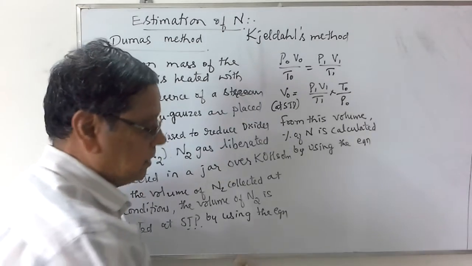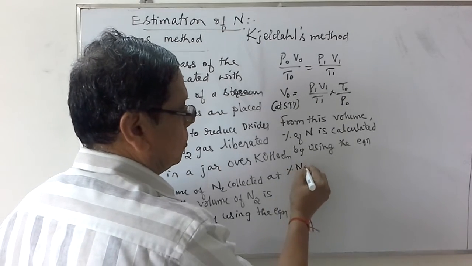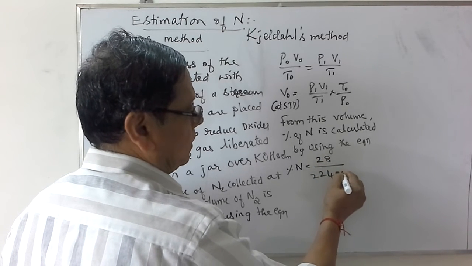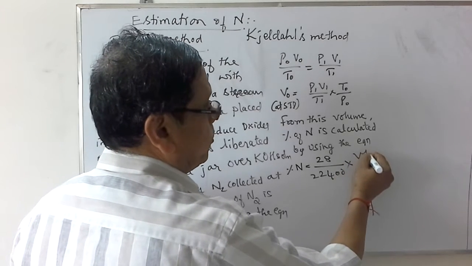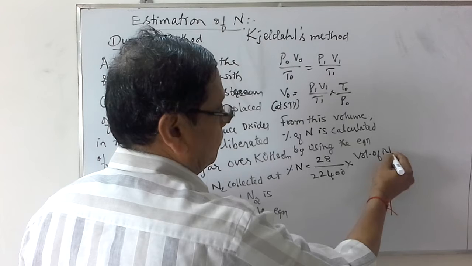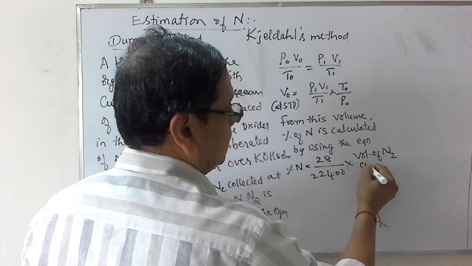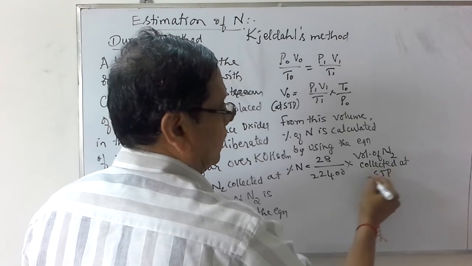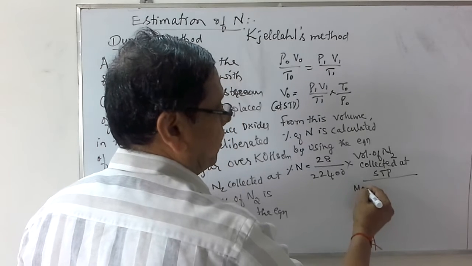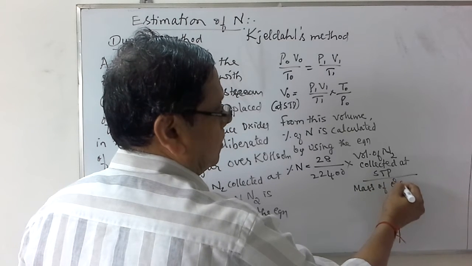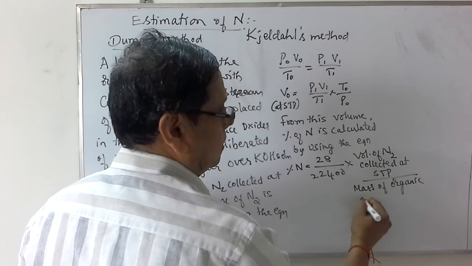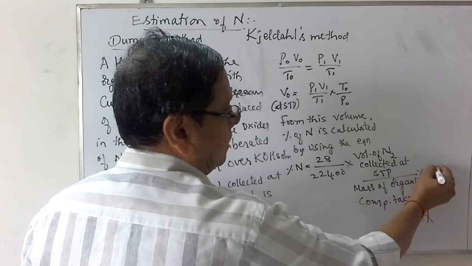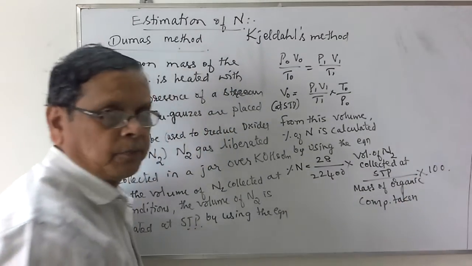Percentage of nitrogen is equal to 28 divided by 22,400 into volume of nitrogen collected at STP, divided by mass of organic compound taken, multiplied by 100. Why it is so, I will explain now.